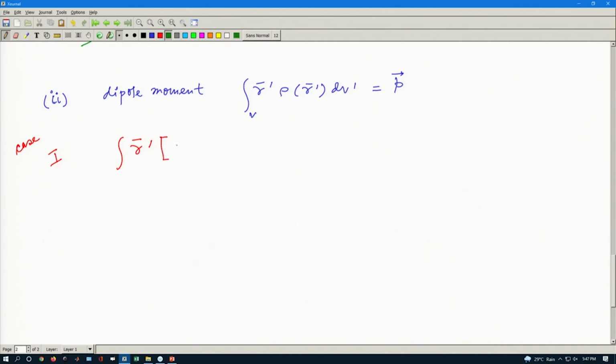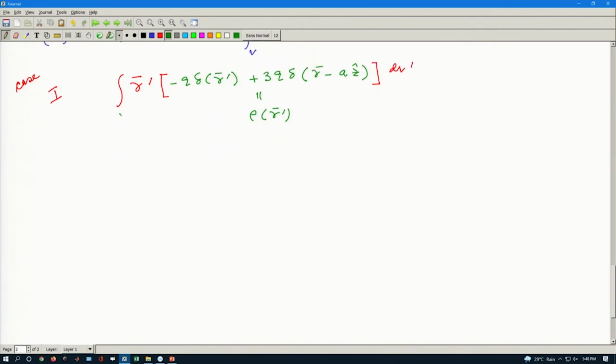I just write the value of the rho: it was minus q delta r prime plus 3q delta r prime minus a z, the location of the charge. So, that value I put and then finally, I have dV prime. So, this quantity is my rho r prime. Okay.